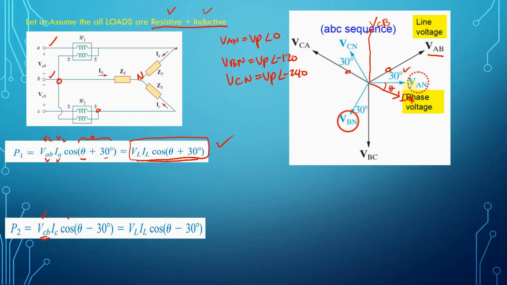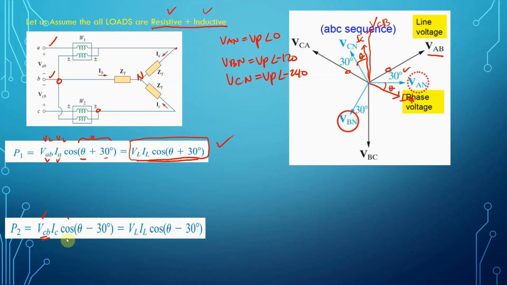And if here we projected that VAN, IA is lagging by an angle of theta, this is also our VCN. So, we can put our theta here. The IC should be on this line. So, IC with an angle of theta, which is also lagging VCN, right? So, now, what is the phase angle between VCB and IC?